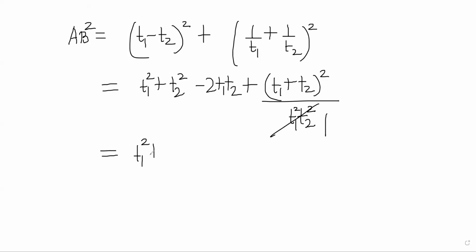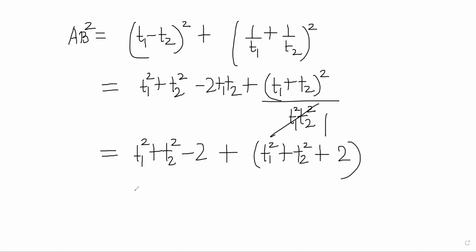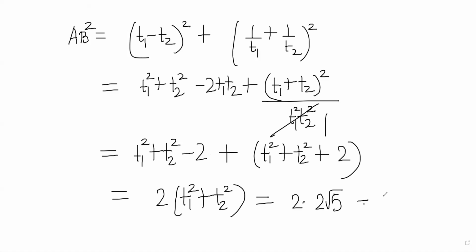So you have t1 square plus t2 square minus 2, plus this becomes what? This becomes t1 square plus t2 square plus 2 t1 t2, that is plus 2. So this is basically twice of t1 square plus t2 square, and that is equal to 2 times of 2 root 5. So this is 4 root 5.